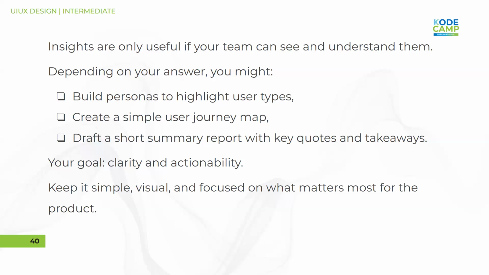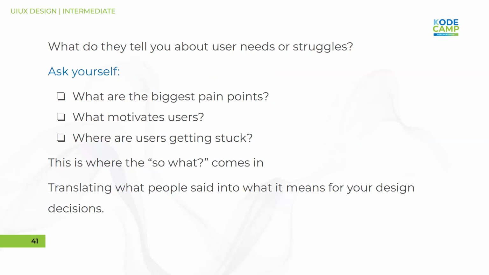After doing all these things, you have to meet these goals. There has to be clarity in your research analysis that this is actually what you want to do, and these are the actions that need to be taken. So always keep it simple, visual, and focused on what matters most for a product.